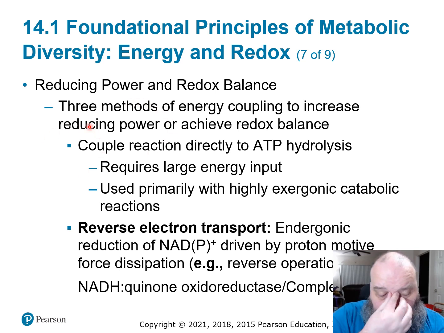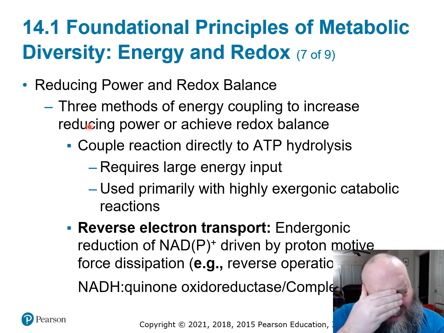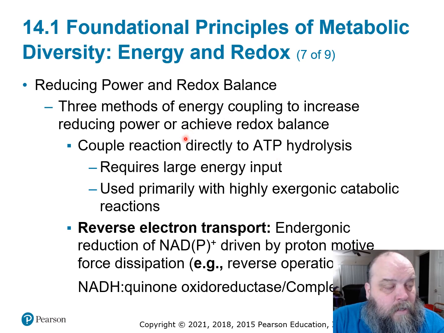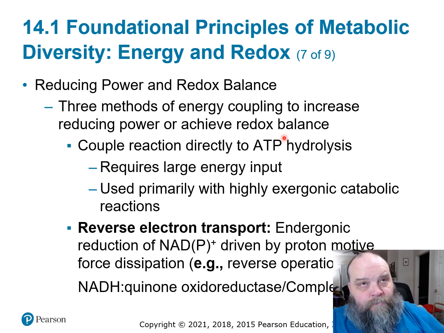The methods that we have characterized in living cells to couple exergonic and endergonic reactions, well, ATP hydrolysis has been one of the best. It requires a lot of energy to get ATP made.